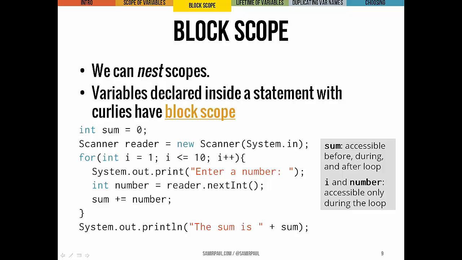It's declared outside the loop. On the other hand, the counter i and the int variable number are both declared inside the loop, so they're only accessible in there. As soon as that loop finishes running, those will disappear. We say that i and number have block scope, and that makes sense because they're only needed inside that loop. We never need them outside. Sum, on the other hand, persists.